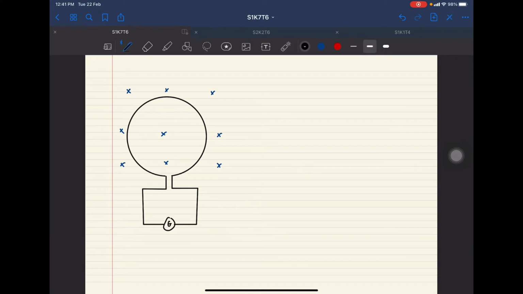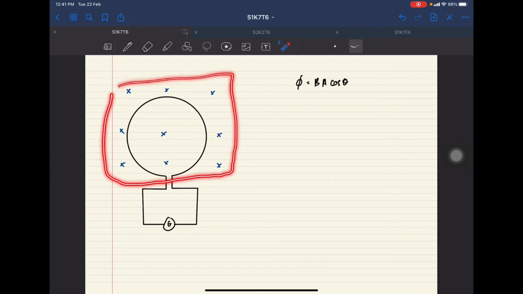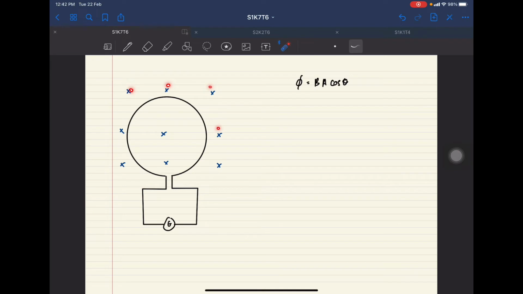So let's say you have a flux, and we know that flux is equal to BA cos theta, right? If any of these quantities changes, like B, A or theta, then you expect that phi will change as well. Let's say we have an example over here, a uniform magnetic field going into the page like that.